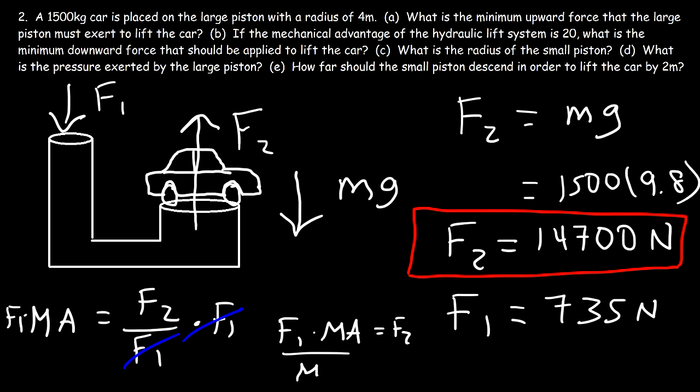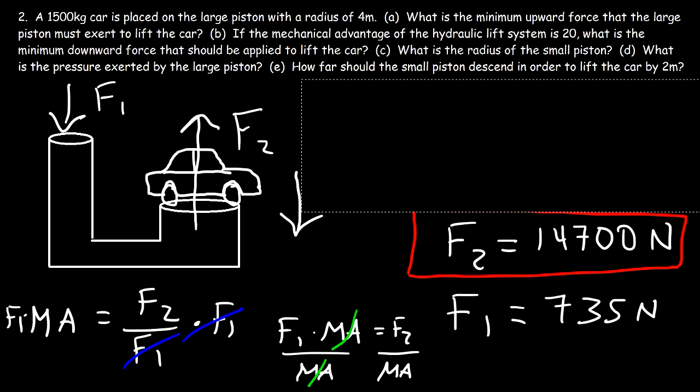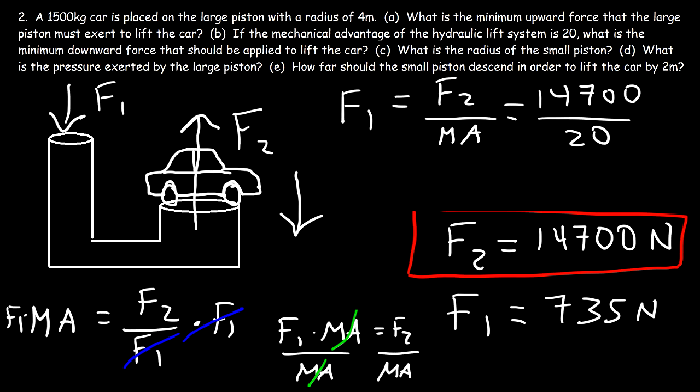So now we need to divide both sides by the mechanical advantage. So what we have left over is that F1 is going to be F2 divided by the mechanical advantage, which is what we did. And that's 14,700 divided by 20, and that gave us an input force of 735 newtons.